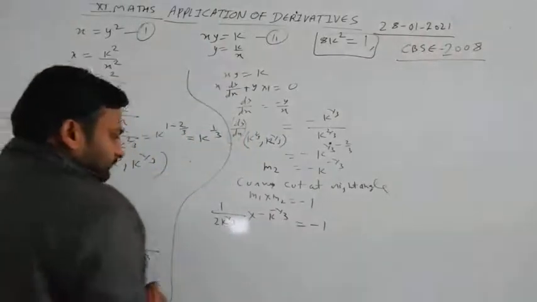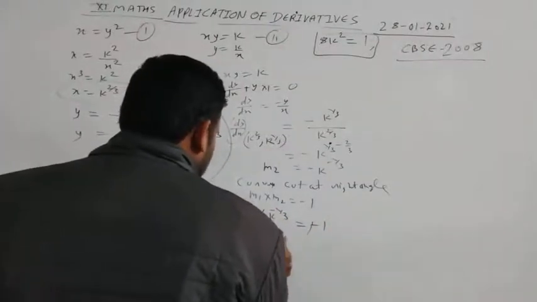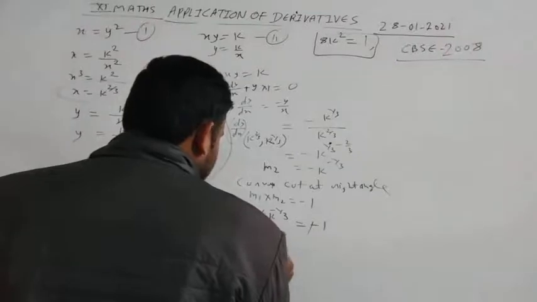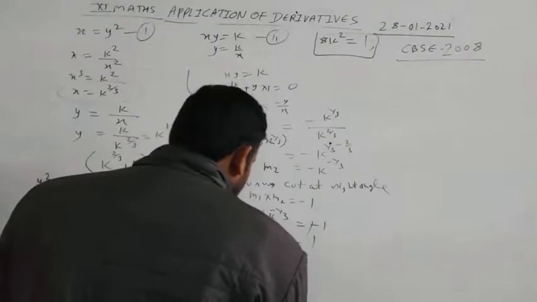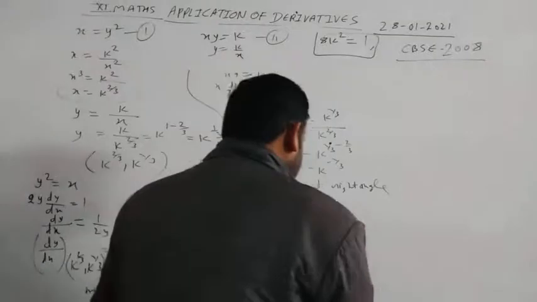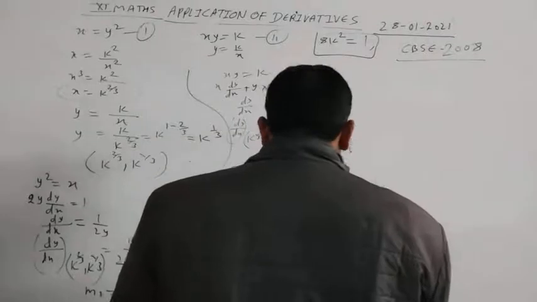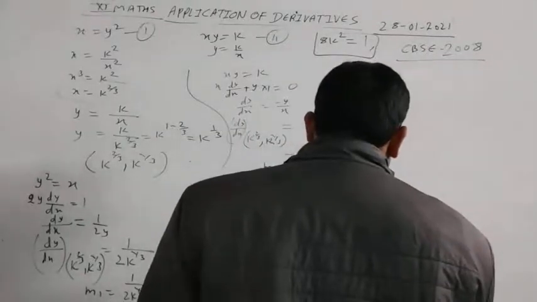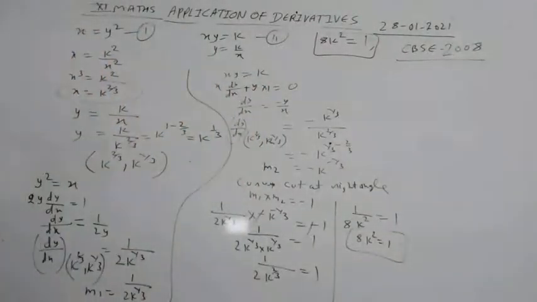Now this minus and minus cancel, and we get 1/(2k^(2/3)) = 1. So 2k^(2/3) = 1. Now cubing, we get 8k² = 1. Okay, student, in this way we can find that 8k² = 1.